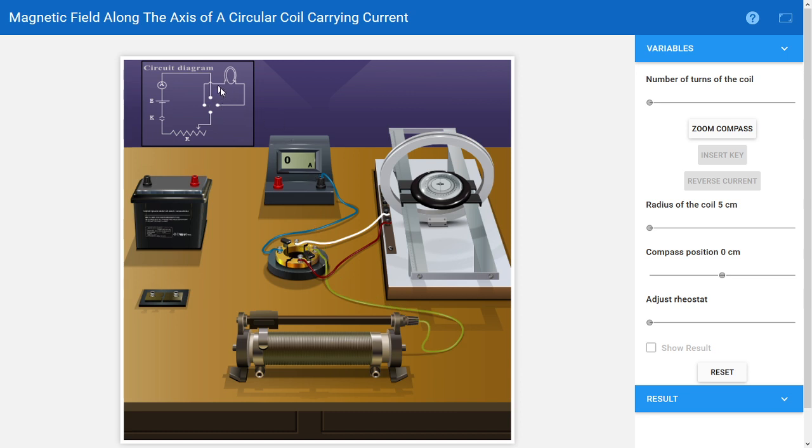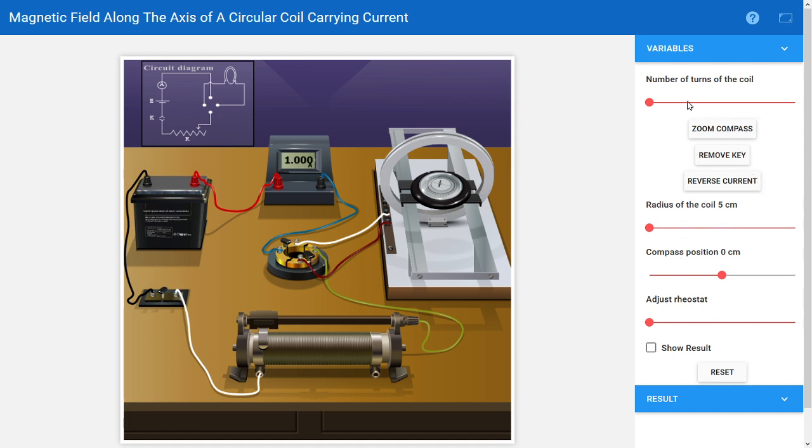These four are connected. Now I will connect the ammeter with the battery, the negative part with the key, and one part will go to the rheostat. Now my insert key option is enabled. When I click the insert option, the key will be inserted. Now you can see the current value is showing. Everything is enabled now.